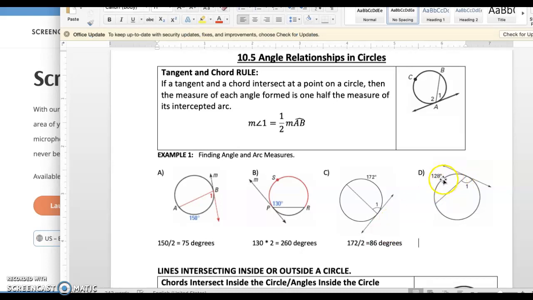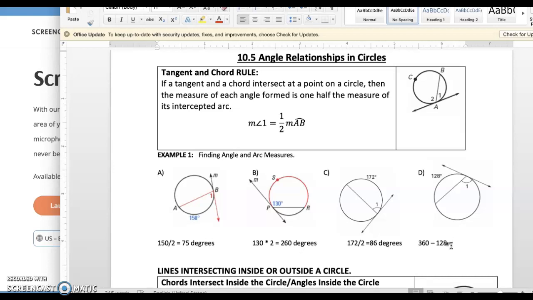If I only have 128 degrees on the circle, angle 1 is not going to be intercepting that arc. Angle 1 is intercepting the remainder of the circle. So the first thing you have to do is 360 minus 128, because you don't have the measure of the arc that angle 1 is currently intercepting.